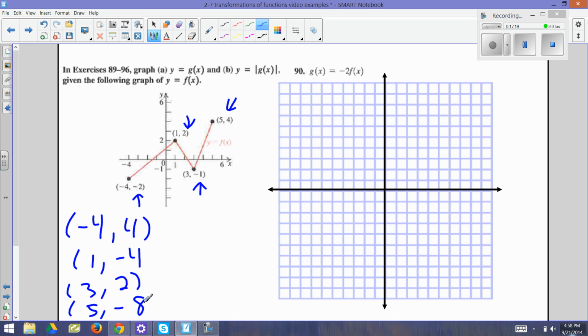So let's graph those. -4, 4. +1, -4. It's right about there. 3, 2. It's right there. 5, -8, which is right there. So now this graph becomes something like this.